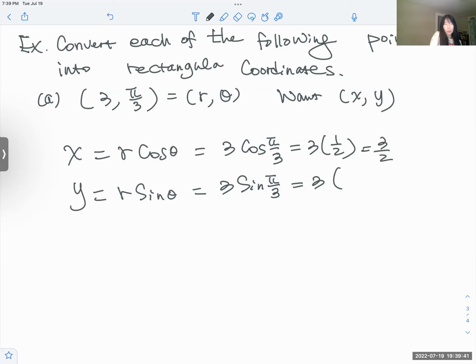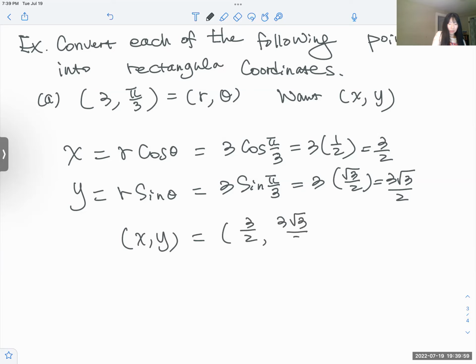Square root of 3 over 2. All right. So we have xy, which is 3 over 2, 3 square root of 3 over 2. Okay.